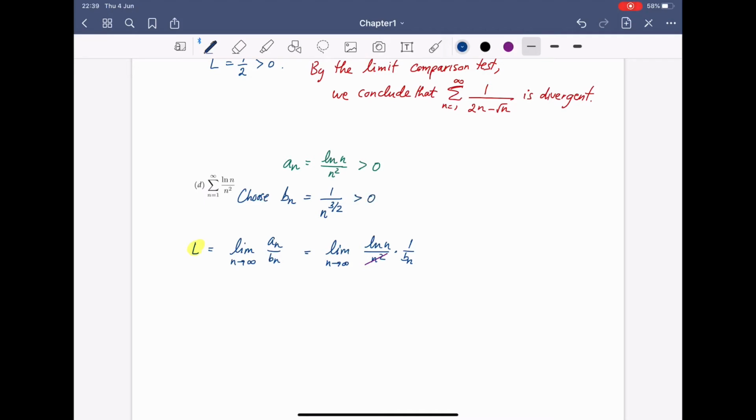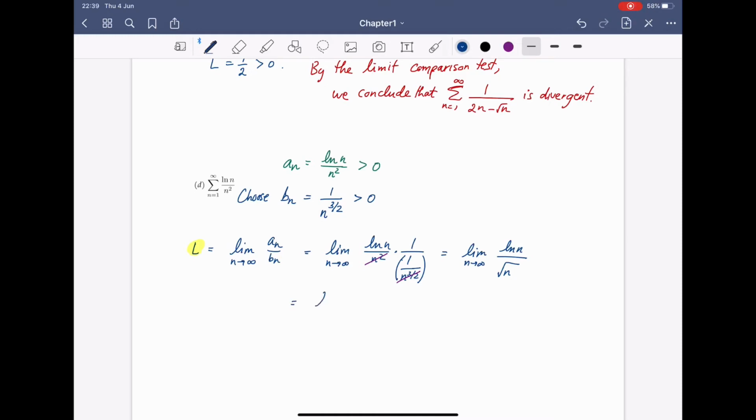So I replace my b_n with 1 over n to the 3 over 2, right? And then something cancels, so I have the limit of the logarithm of n over square root n, right? Because this thing cancels one time, so I have square root n. And then after that, I can use L'Hopital's rule.